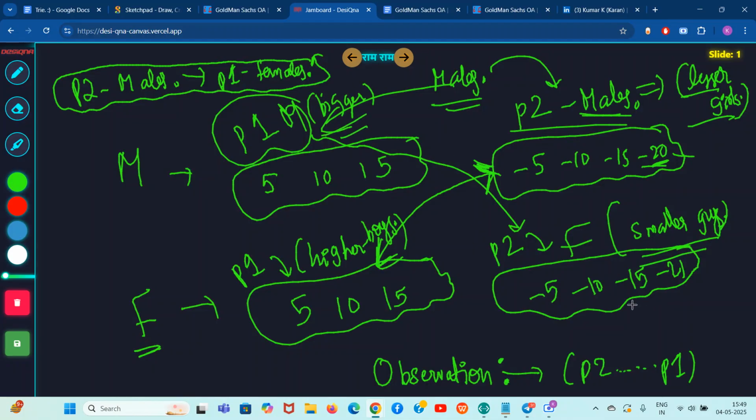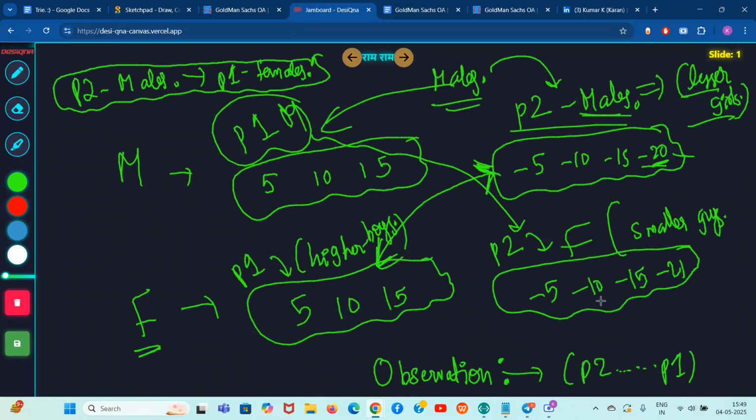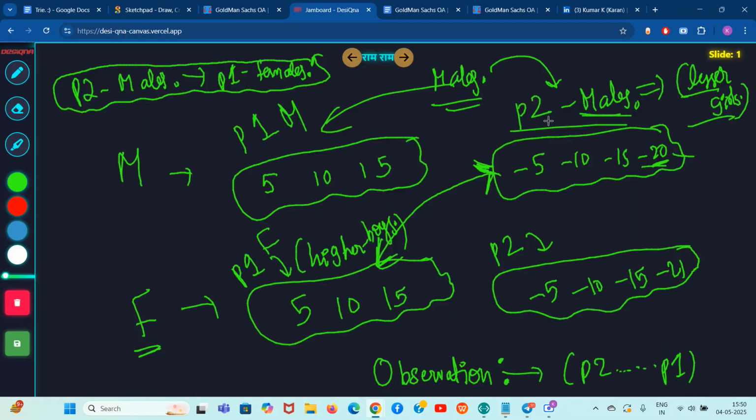So if let's say 21 wants a smaller guy, let's say it hits on this 5. Yes, 21 got satisfied, wanted a smaller guy. And 5 wants what? 5 wants a bigger girl. So 5 is also getting satisfied with 21. Both-way relationship is there. So cross relationships are always good. P1F will bond with P2M and P1M will bond with P2F.